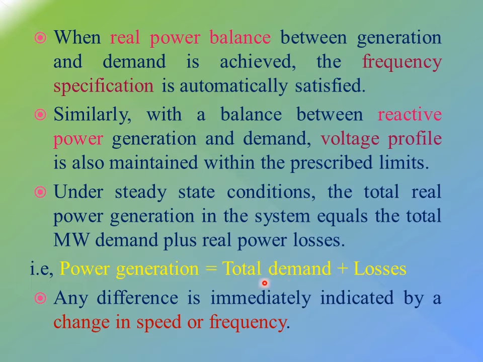We can't do anything on the demand side. If demand increases, automatically it will affect your generation. If this balance is not maintained, automatically there will be change in the speed of the generator, or your frequency will be deviated. Then we have to do the control to bring the frequency to the normal case. That is what we will say as load frequency control.